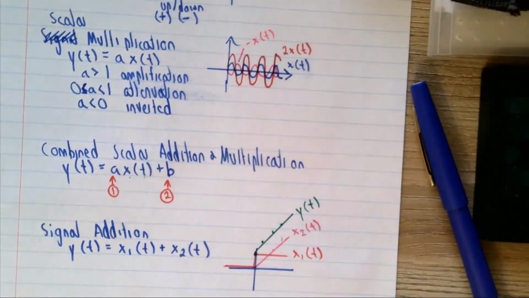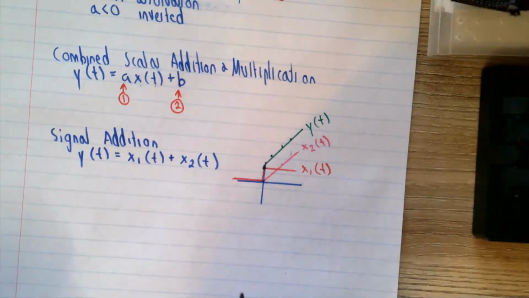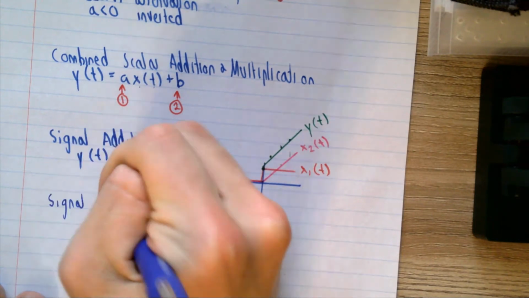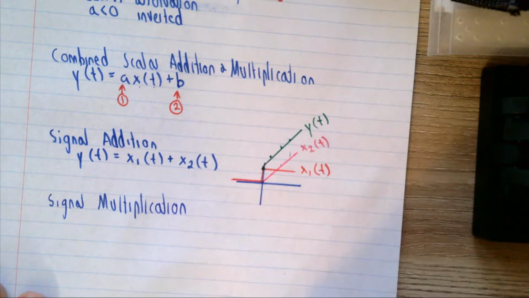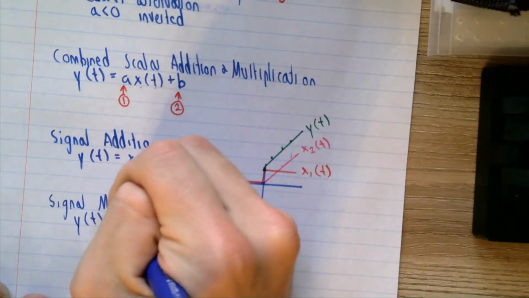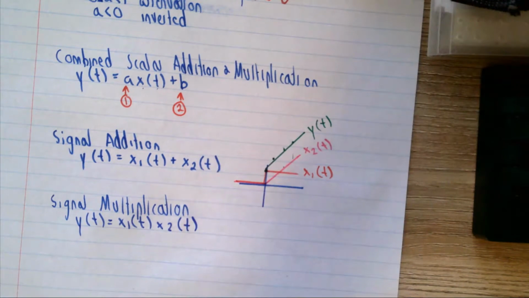Now we're going to do signal multiplication. And so for signal multiplication, you're going to have y of t is equal to x1 of t multiplied by x2 of t. And what that's going to look like is basically you have the two signals multiplied by one another, and you just go point to point.